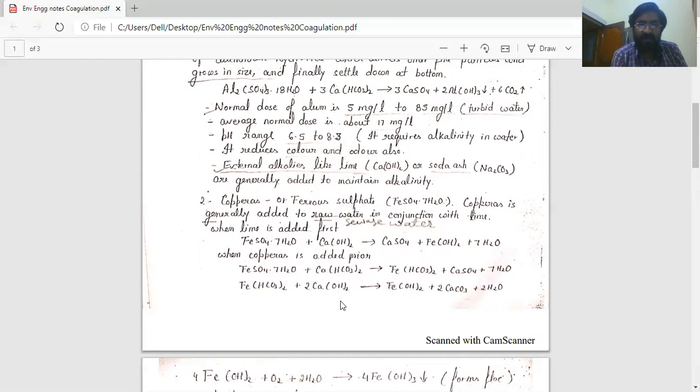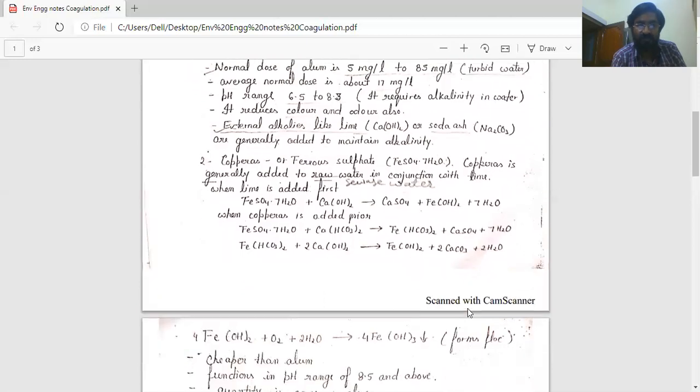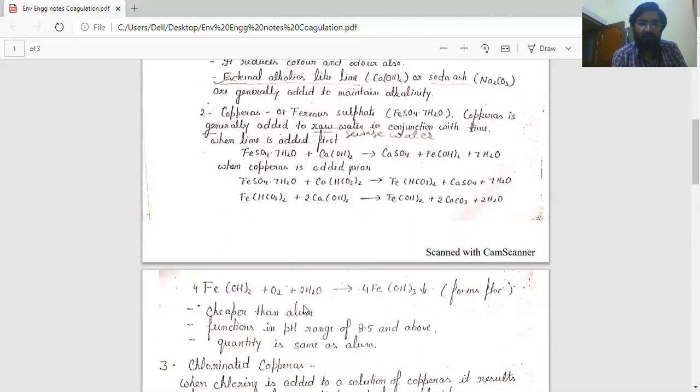Then lime reacts with the ferrous bicarbonate: Fe(HCO3)2 plus 2Ca(OH)2, giving Fe(OH)2, ferrous hydroxide, plus 2CaCO3 plus 2H2O. Then 4Fe(OH)2 plus O2 plus 2H2O gives 4Fe(OH)3. This is the floc, in the form of ferric hydroxide.